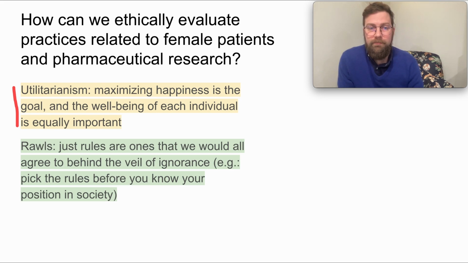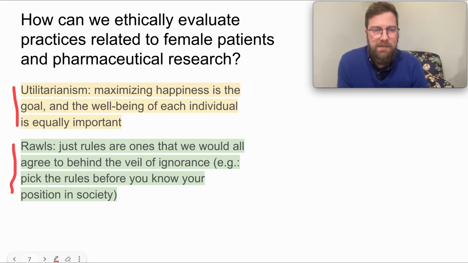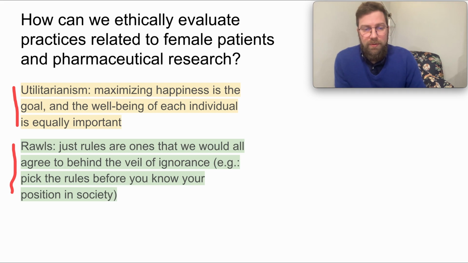We could also think about a Rawlsian theory of right and wrong or justice. We'd say like just rules are the ones that we would agree to from behind the veil of ignorance, i.e. we would pick the rules of how society is going to be structured before we know what position we're going to wind up in.